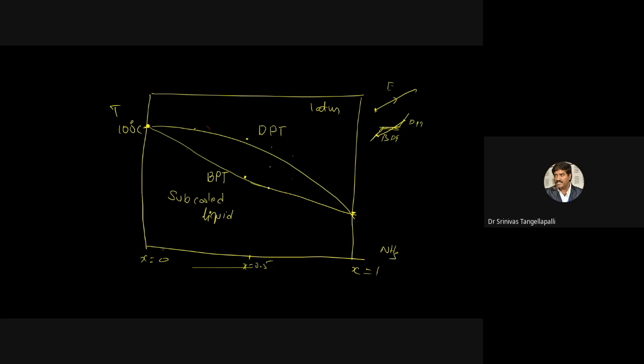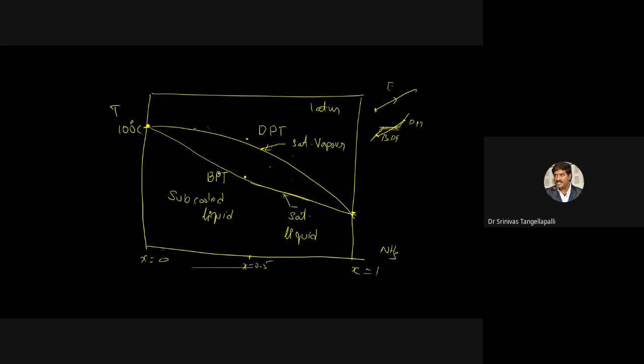At this point, this is also liquid, but this is a saturated liquid. The bubble point temperature what we are showing is a saturated liquid. And at the dew point, because the saturation is completed, you may call this saturated vapor.